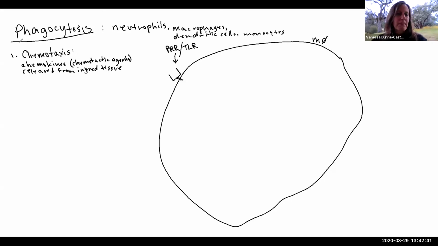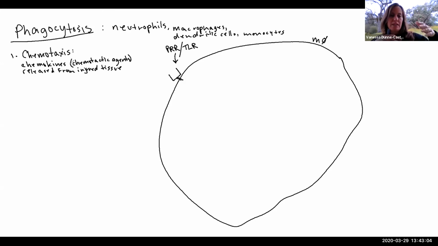Let's just stick with that. So you have your injured tissue secrete out these chemokines that are chemotactic agents. That means, if you remember chemotaxis, the movement towards or away from a chemical gradient. In this case, the chemotactic agents create that gradient from the injured tissue, and it diffuses out through the tissue, and then it will eventually reach the blood.